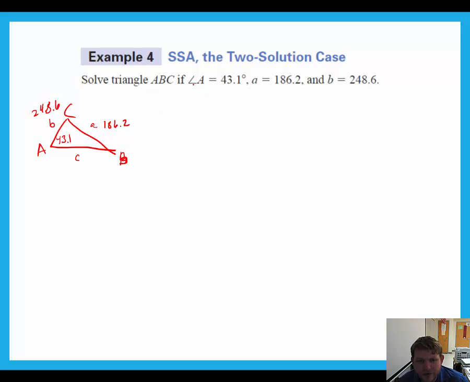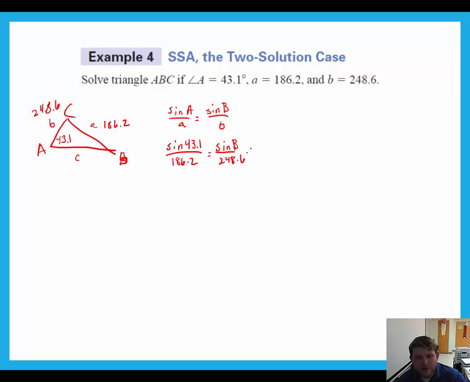Alright, so what we can do then is we can take this, and let's see, what do we got here? We've got both the a's, so we can do sine A over a equals sine of big B over b. And so sine of 43.1 over 186.2 is equal to sine of big B over little b, which is 248.6.